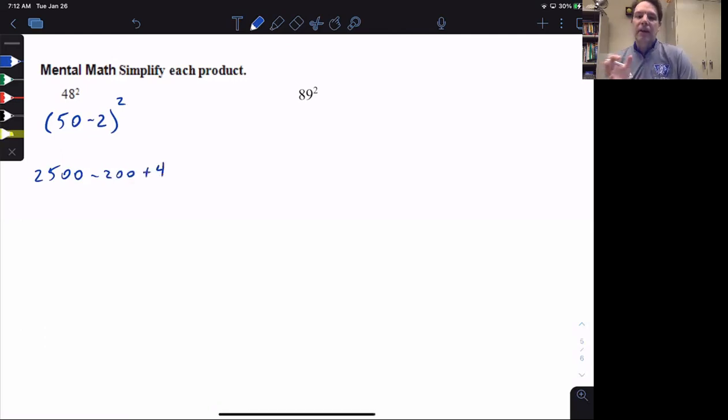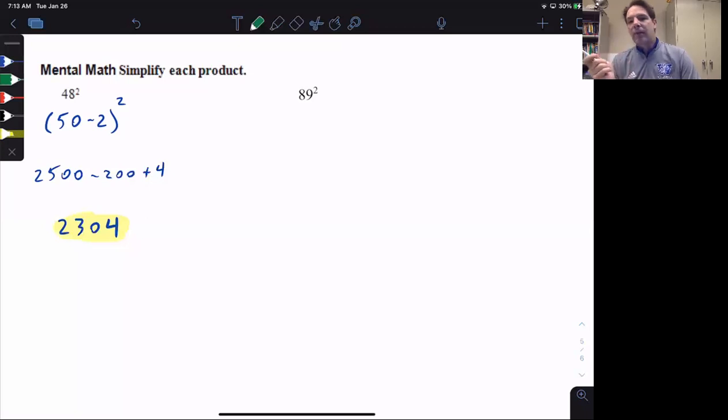So in my head, I could have done this math. 2,500 minus 200 is 2,300, and 2,300 plus 4 is 2,304. Okay? So that would be using mental math to solve it, and you wouldn't need a calculator because you made the problem easier for you.